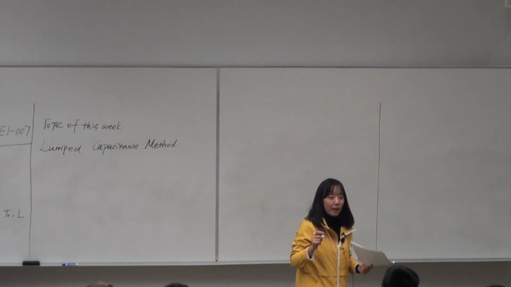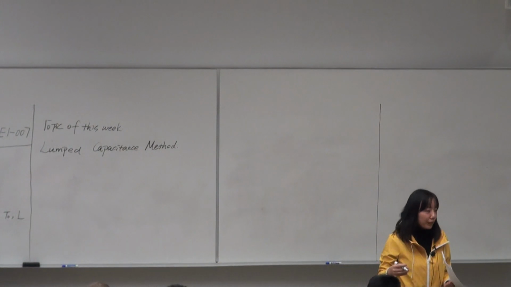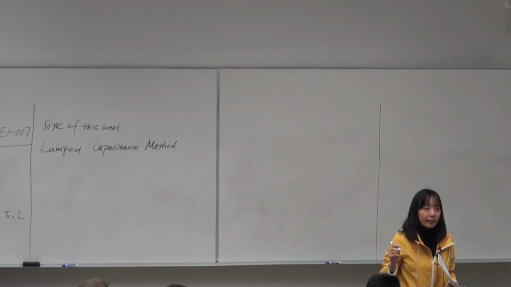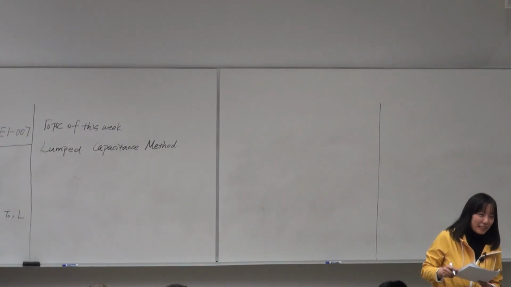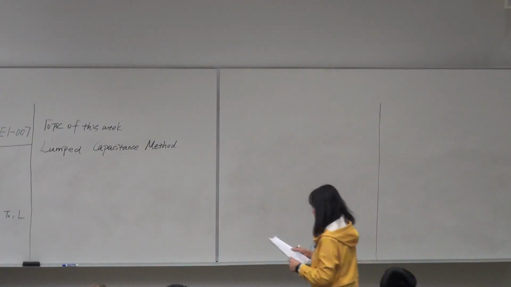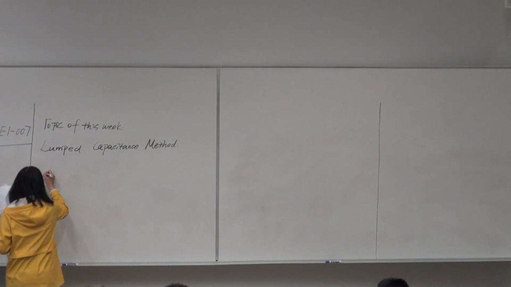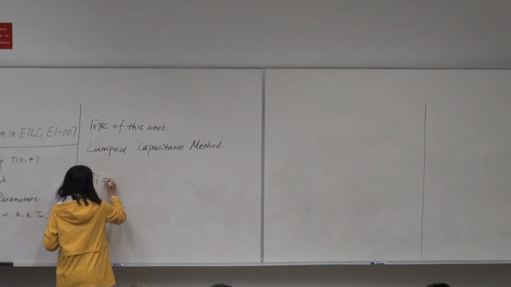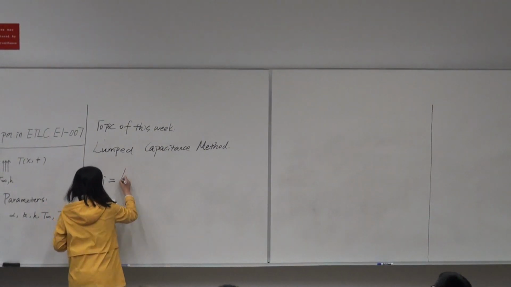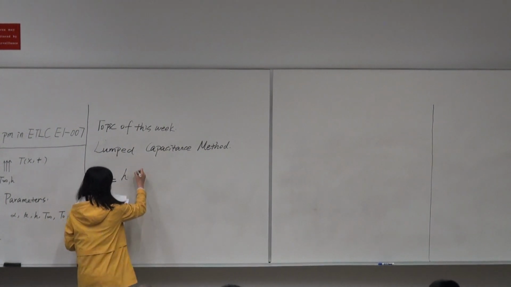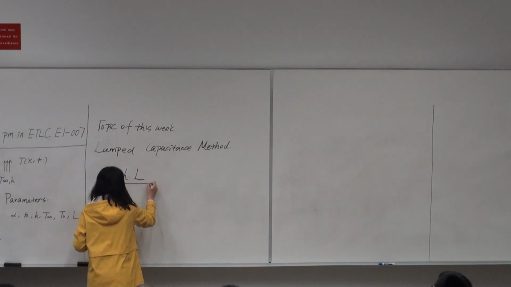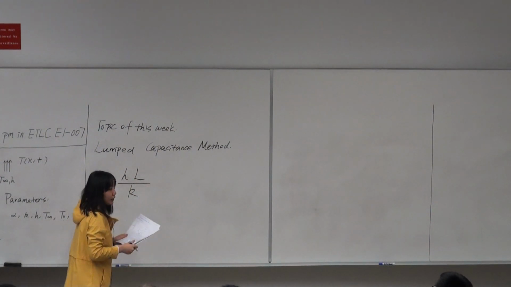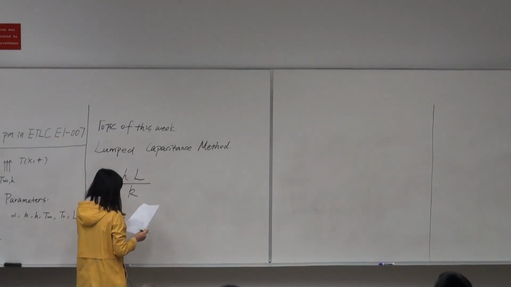Anyone remember which condition we should check before we apply this method? Yeah, Biot number. It's defined as the heat transfer coefficient times some characteristic length over the thermal conductivity of the solid material.